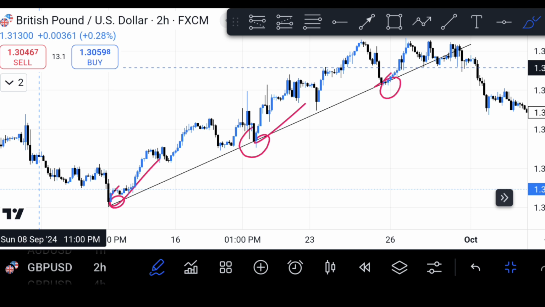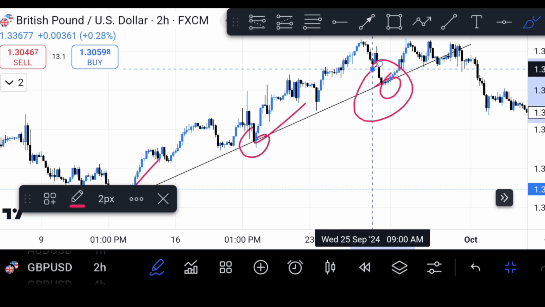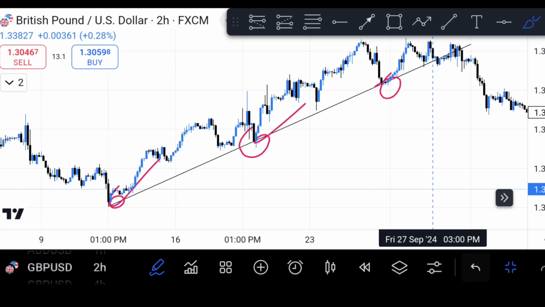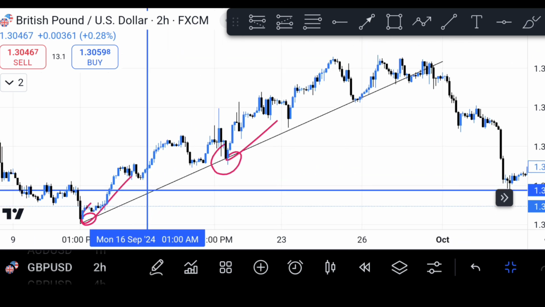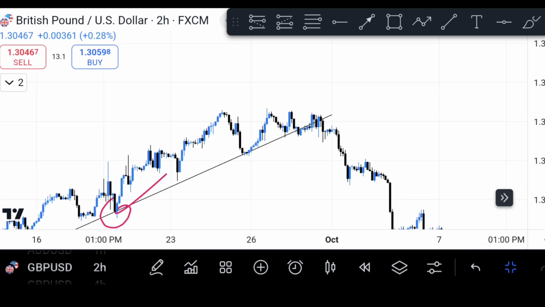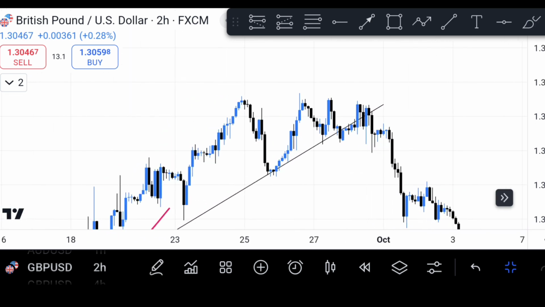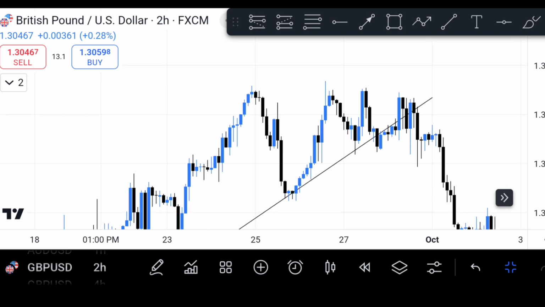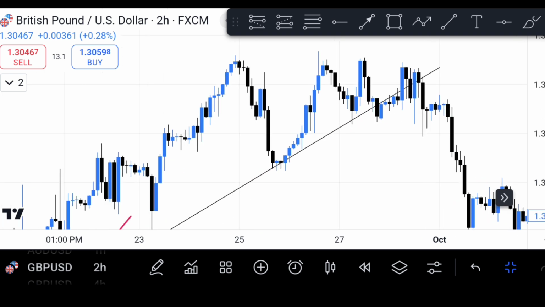So let's start with the hammer. Looking at the chart, you can see a hammer was formed here before price was pushed to the upside. Let me show you. Look at this place when price pushed from here to the downside.